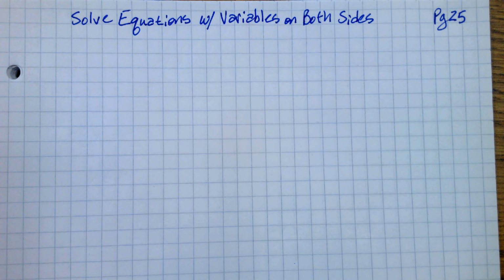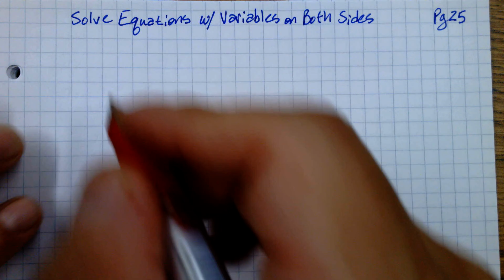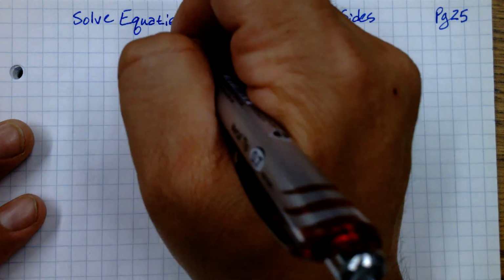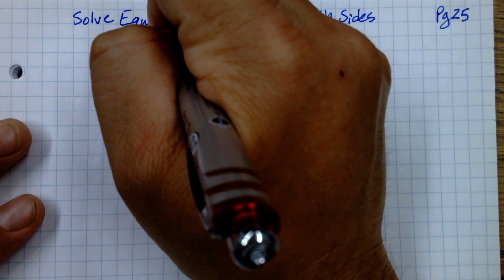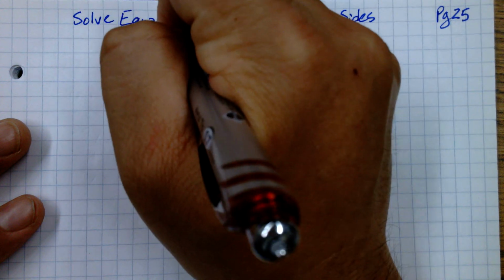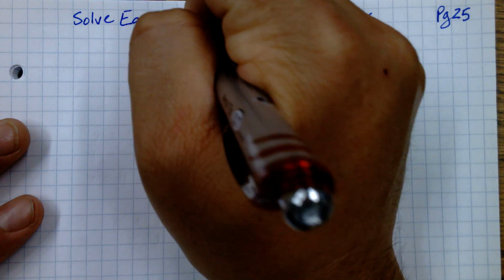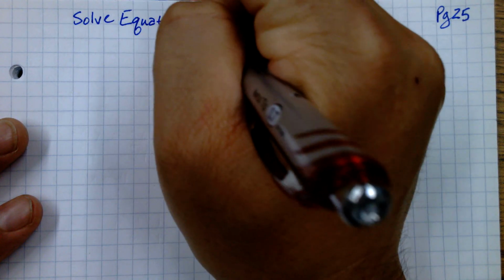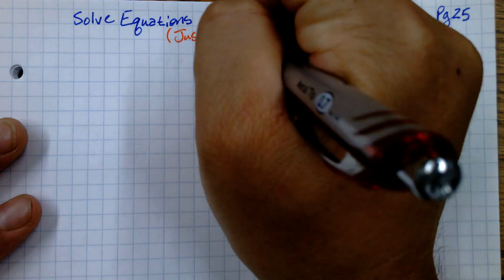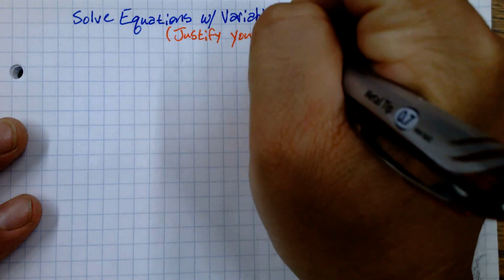Okay. So we're going to solve equations with variables on both sides. But the key here, or the thing that we're going to add, is we're going to justify our steps. Justify your steps.